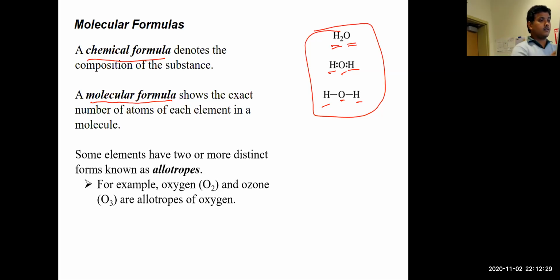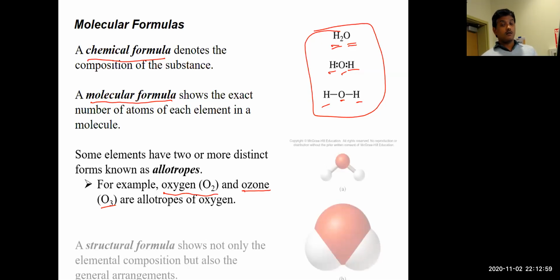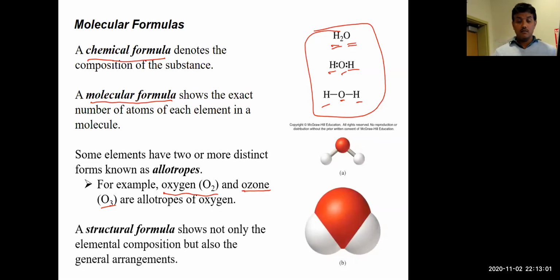Here we are discussing the example of oxygen allotropes, where oxygen exists as O2 gas that we inhale, and ozone, O3, that is used as a protective layer for our troposphere, Earth, to protect us from radiation. But both of them are oxygen molecules, but they have different numbers of atoms in them. So the relationship between oxygen, O2, and ozone, O3, is that they are allotropes of the oxygen element.